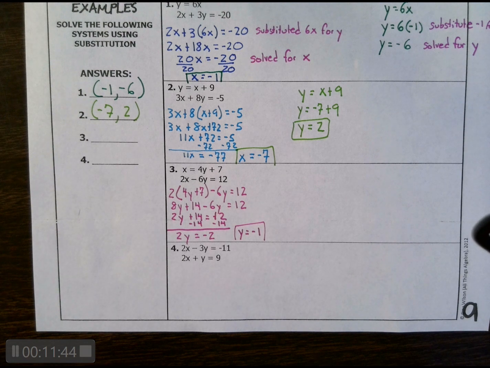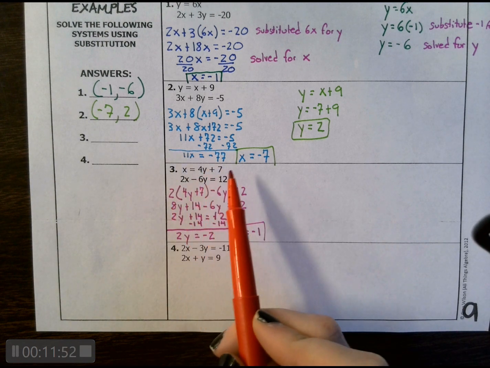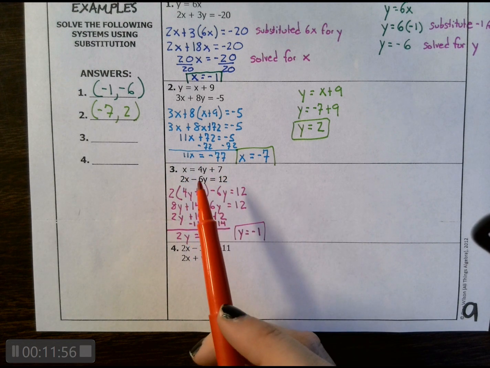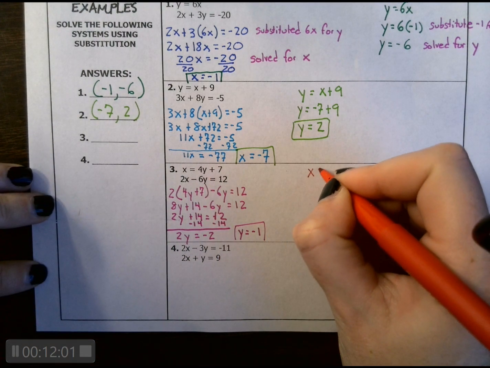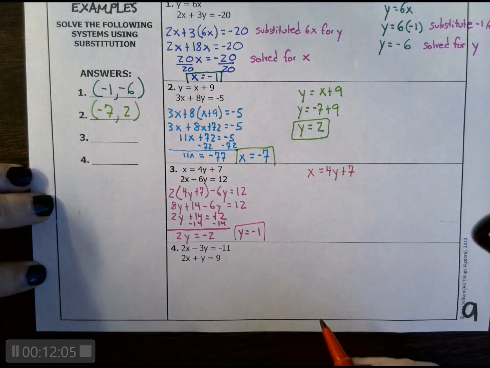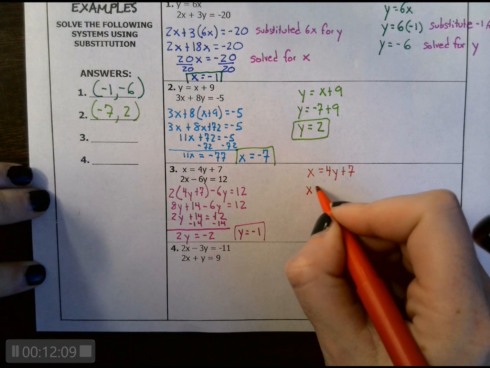Now we need to do step 3. Remind me, what's step 3? We need to go to our original equation, our x equals, and we're going to substitute this negative 1 everywhere we see a y. So we're going to copy down x equals 4y plus 7. Everywhere we see a y is going to be that negative 1.